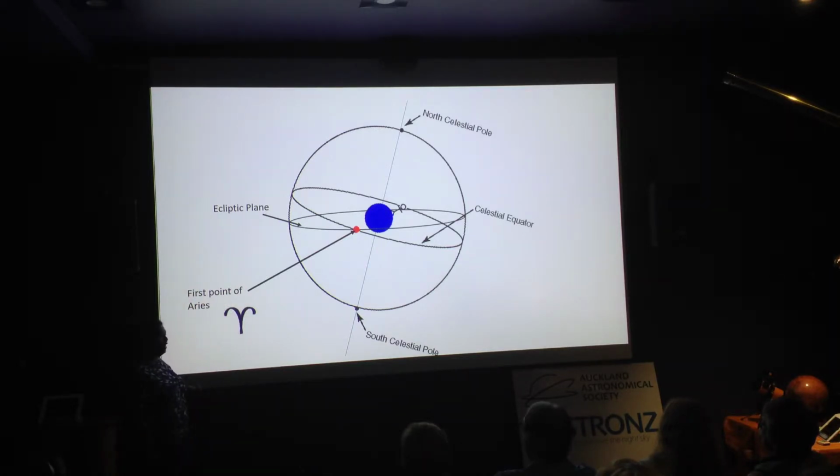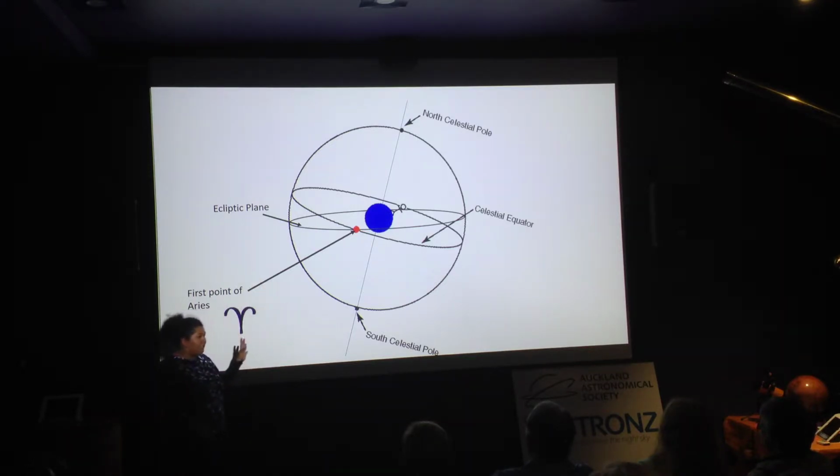It's called the first point of Aries. And it's got the symbol of the ram. Because when we did set up the system, that point, if we projected it out into space, was actually in Aries. And we'll come to it. Right now, it's not in Aries anymore. So it's called the first point of Aries and has nothing to do with Aries. But we'll get to that.